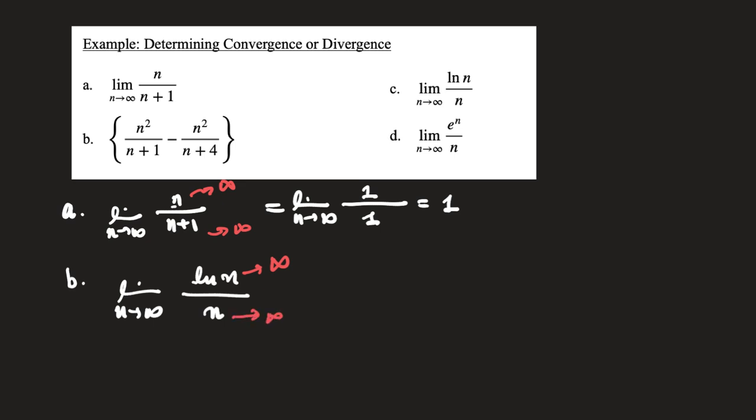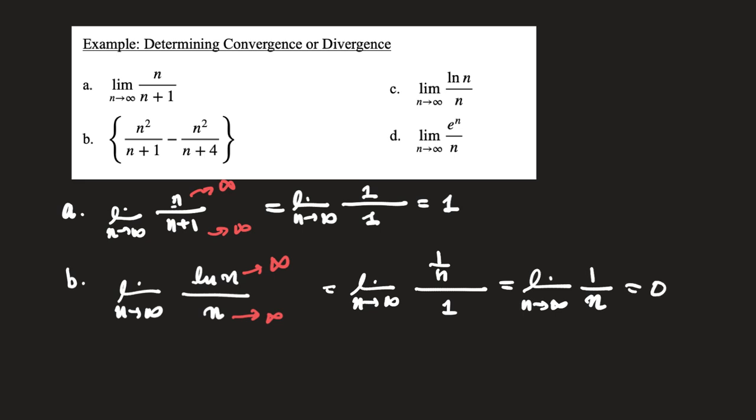So infinity over infinity, we can use L'Hopital's rule. The derivative of ln n is 1 over n, the derivative of n is 1. This is the limit as n approaches infinity of 1 over n, which goes to 0, guys. Okay, that's how you find the limit of this sequence.